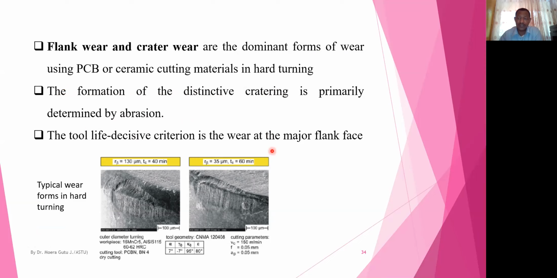When very small chips are eroding the surface, the flank wear can form. The tool life decisive wear is the wear of the major flank face of the tool. It is the flank wear on the cutting tool. These are the rake angles. These are the cutting process parameters used.